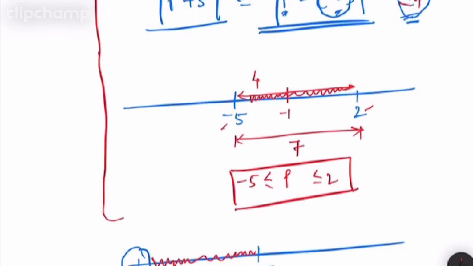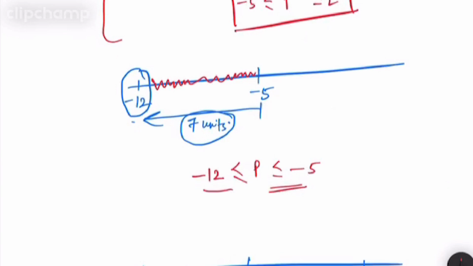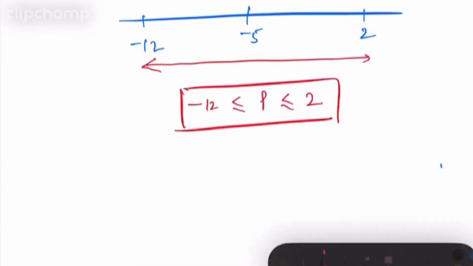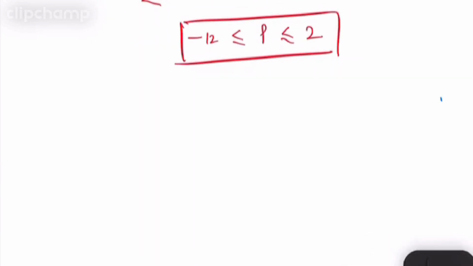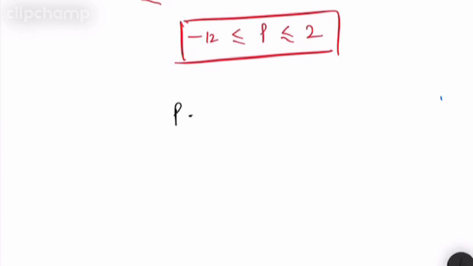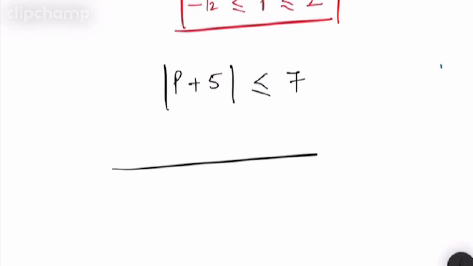Otherwise, if we have understood the concept clearly, we will see the same problem again. The question says mod of p plus 5 is less than or equal to 7. We will draw a number line.